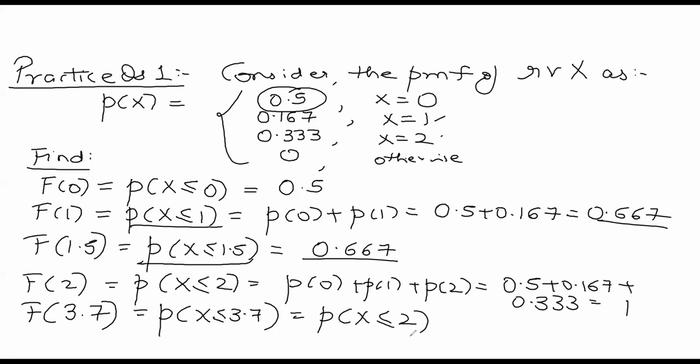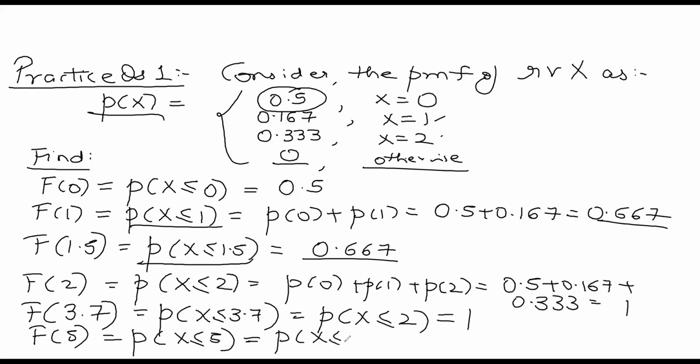So x less than equal to 3.7 is same as x less than equal to 2, because the function takes 0 values otherwise. So this will also be equal to 1. If I ask you f of 5, that will be probability of x less than equal to 5, which will be same as probability of x less than equal to 2, which will be equal to 1 only, and so on.